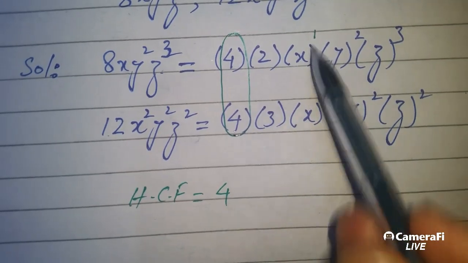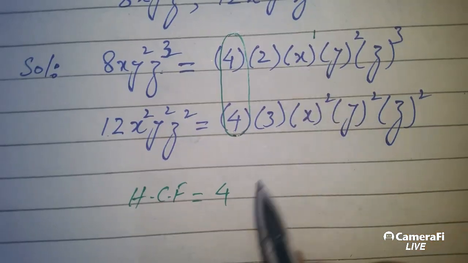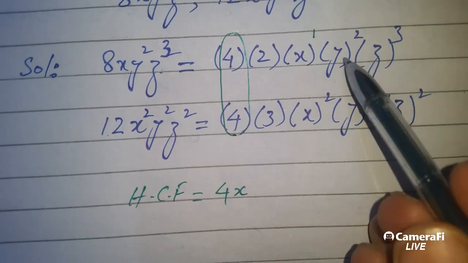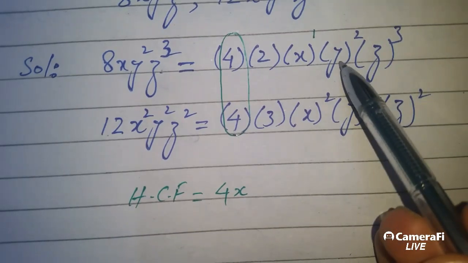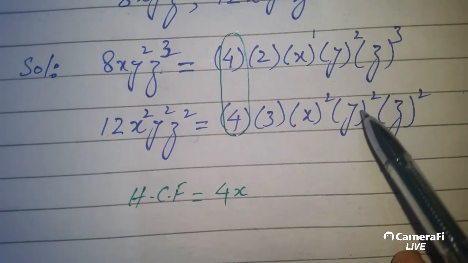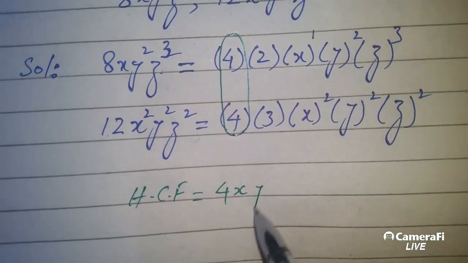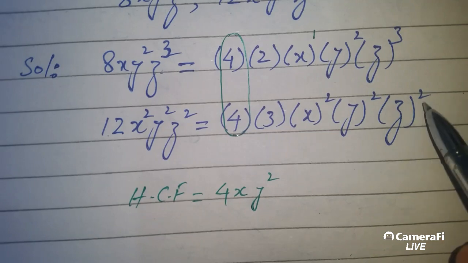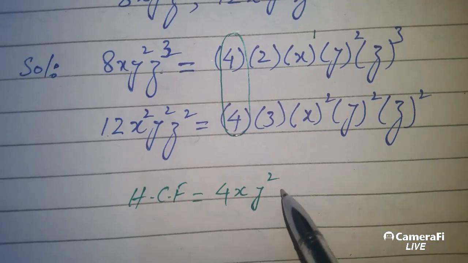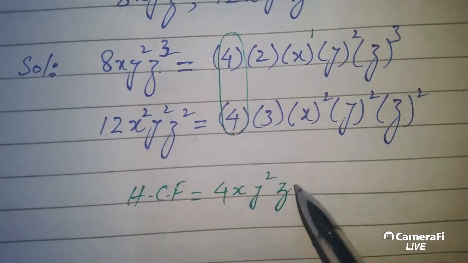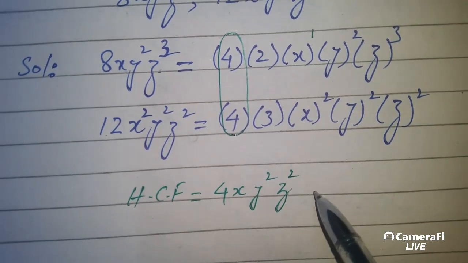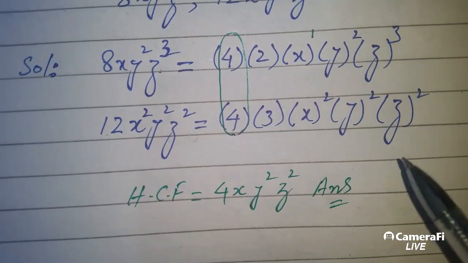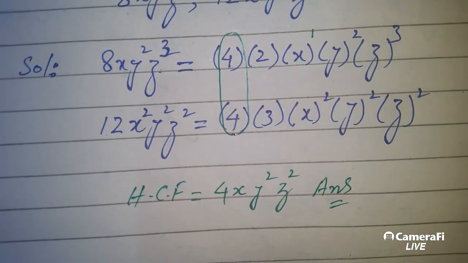Which one is the smallest? This one. So we will take x raised to power 1 as a common factor. Similarly, y square and y square both are equal, so y square can be taken as a common factor. Here z raised to power 3 and z raised to power 2, so I will take z raised to power 2 as a common factor. So this is the answer to my question.